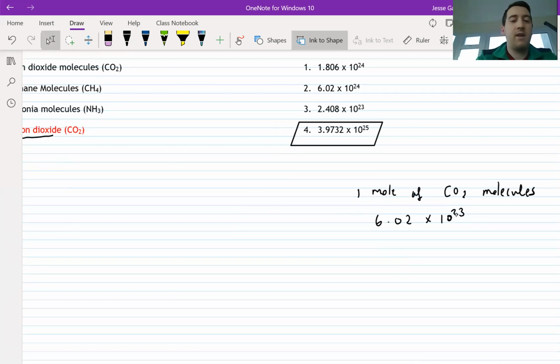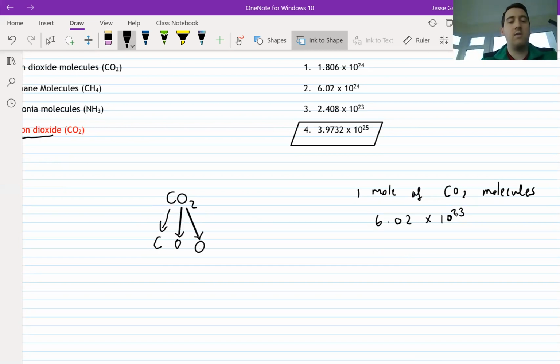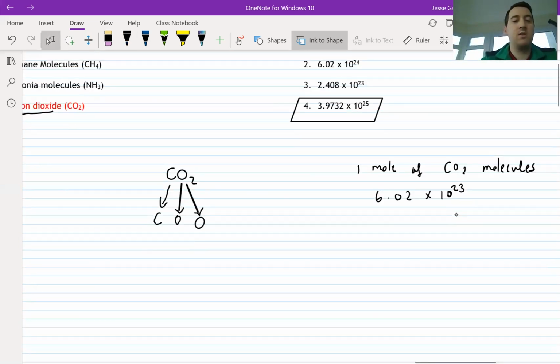Now, if I take carbon dioxide, let's find out how many electrons are in here. I've got a carbon, and I've got 2 oxygens. If I was to take these then and say, how many electrons do they have? Well, carbon has 6 electrons.